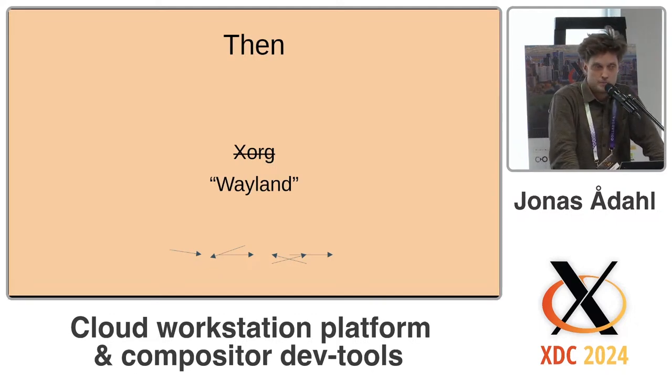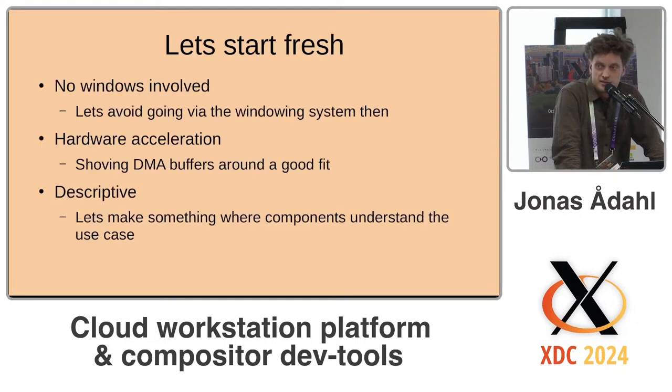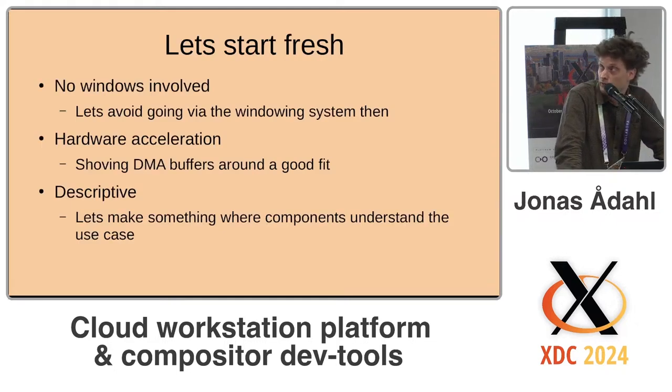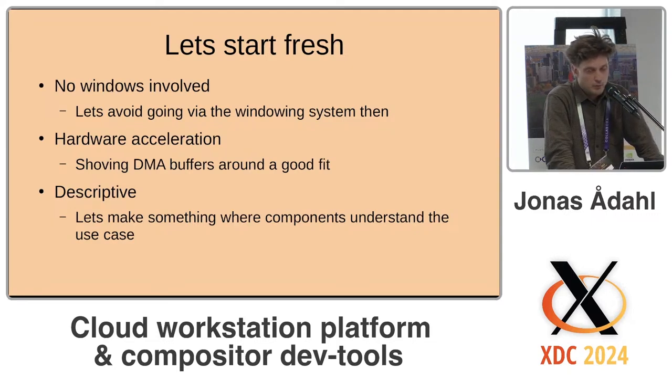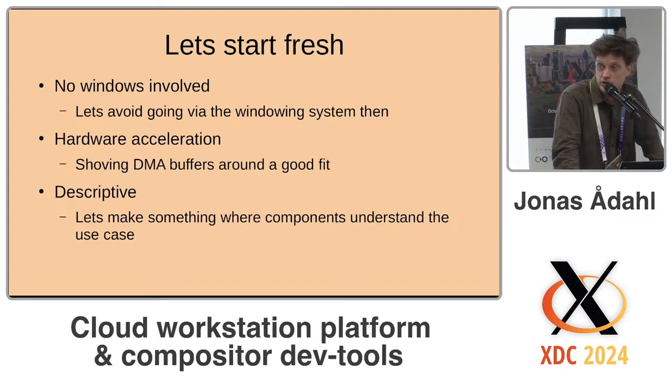So we needed to solve the cloud workstation use case, but we thought maybe we should start fresh. Since there's no windows involved, we didn't need to go through the windowing system anymore. But we still need hardware acceleration because that's an important use case. Sometimes, even though it's remote, it has to be very fast and low latency and all that stuff.